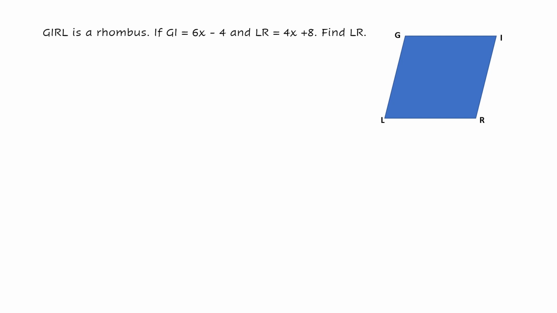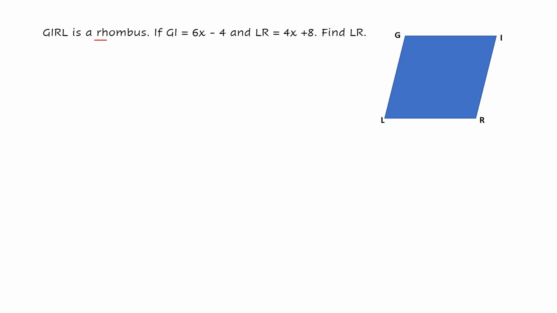For question number 2, GIRL is a rhombus. If GI equals 6x minus 4 and LR equals 4x plus 8, find LR.